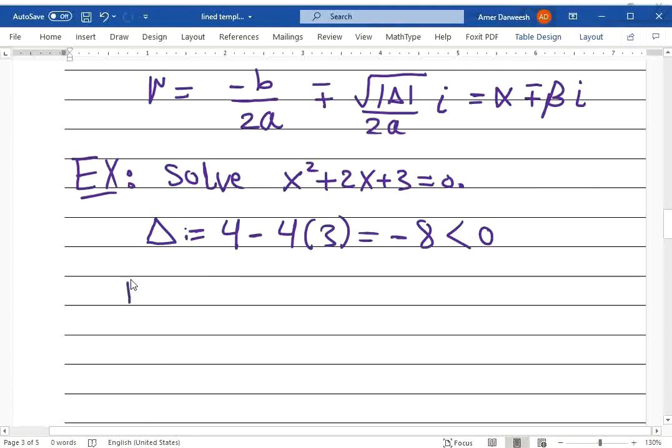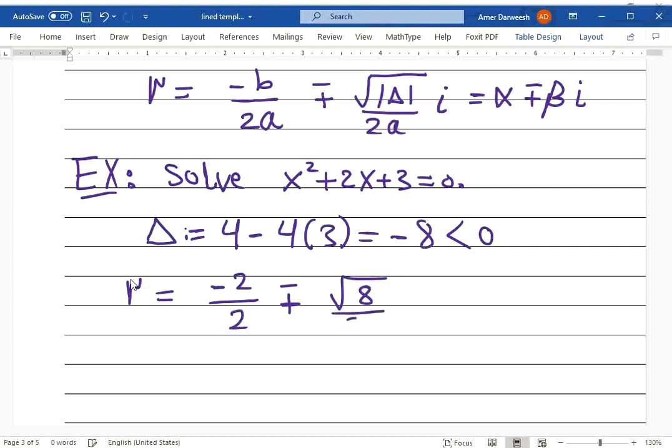لو بدنا نحسب الروتس باستخدام القانون so it is minus b which is minus 2 over 2a, so it is minus 2 over 2 plus minus square root of absolute value of minus 8 which is 8 over 2 times i. خلينا نبسطها.